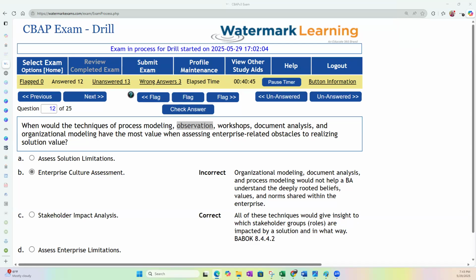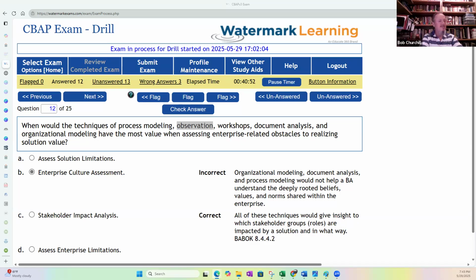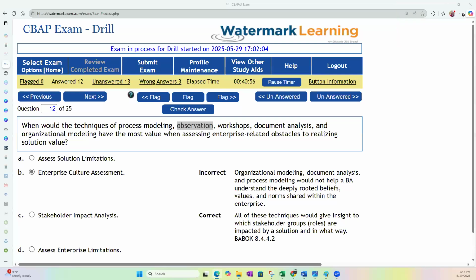I'm not sure if you have time. I loved what Bob is saying, but I have another question, Bob. Please. Of course, we might be able to use observation to gather information, but also we can use it as an elicitation technique, because through our observation, we might be able to derive some requirements.